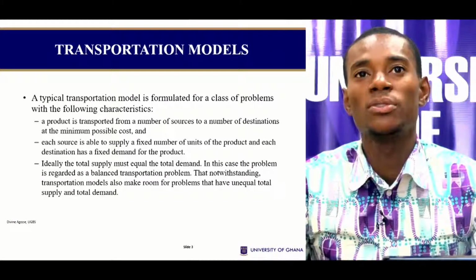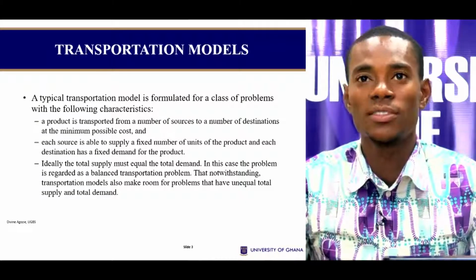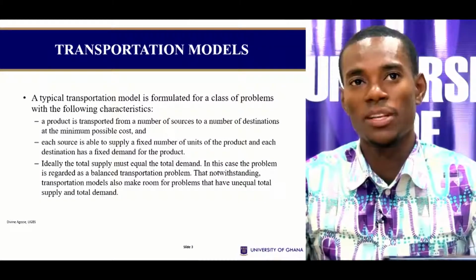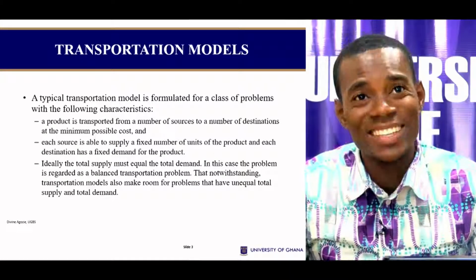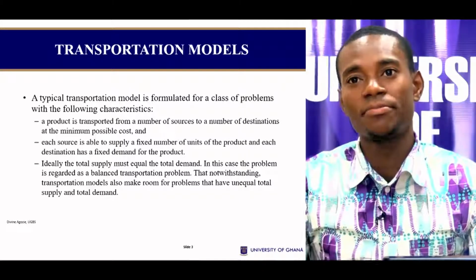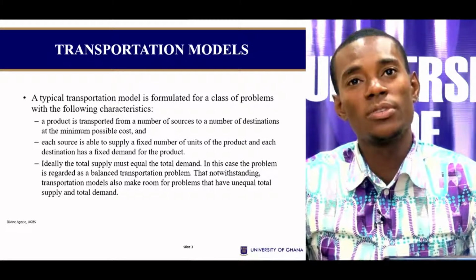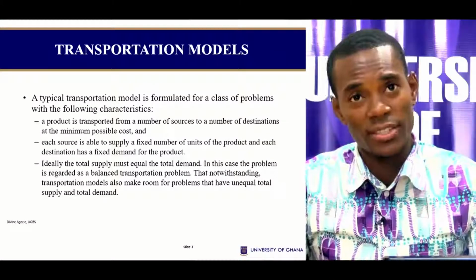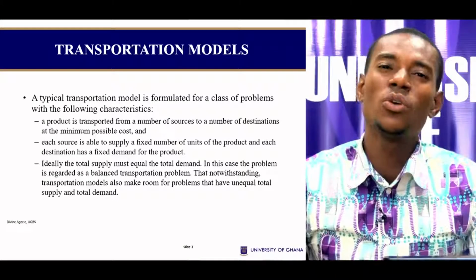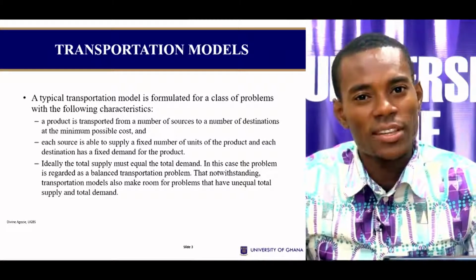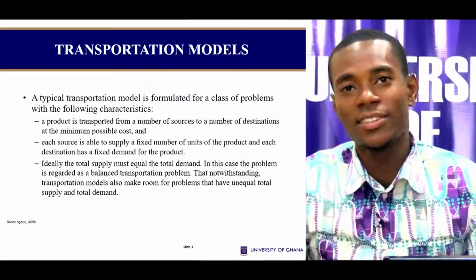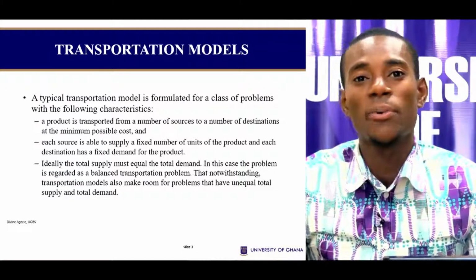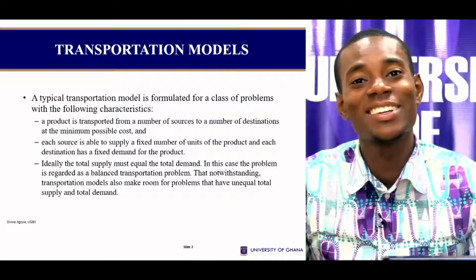Each source is able to supply a fixed number of units of the product, and each destination has a fixed demand for the product. You need to understand this second point. Because we want to minimize costs as much as possible, you would want to ensure that what you send from one source to one destination is exactly what is needed, not even an excess of 1, because whatever excess comes at an additional cost.